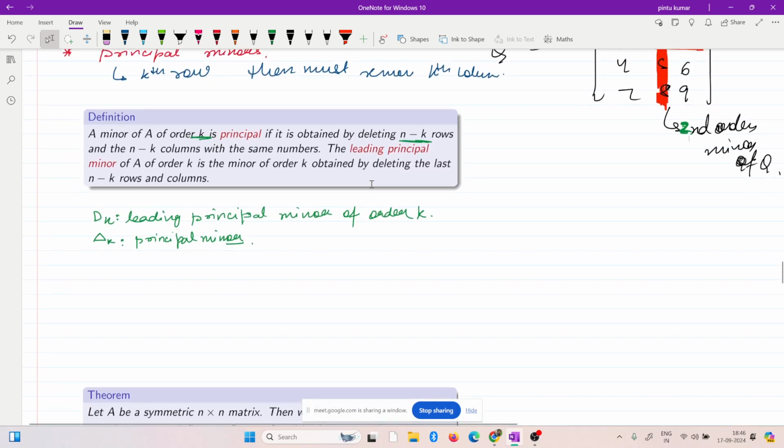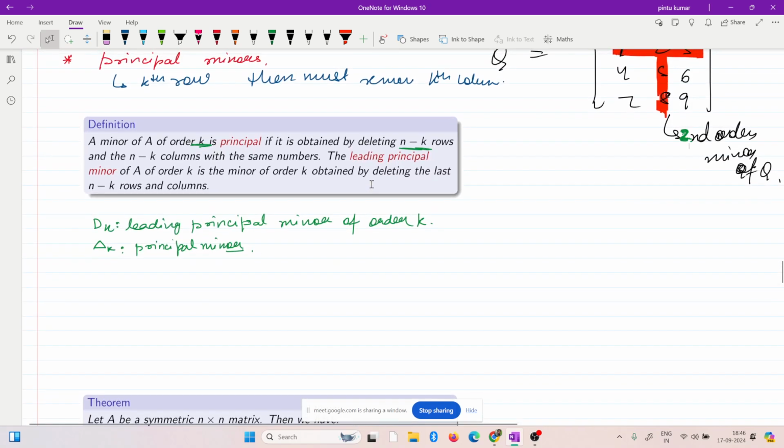No, sorry, let me get this nomenclature correct. It is obtained by deleting n minus k rows. Yeah, I think this is correct.